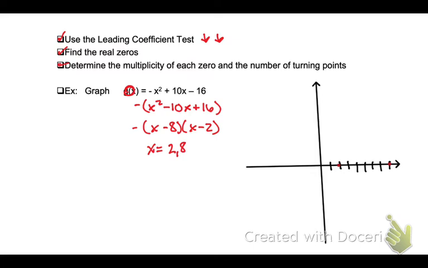And it's even, right? Well, it's just a parabola, isn't it? Yeah. So where's the y-intercept? Isn't it negative 16? Because it'd be 0, 0, negative 16. So we're not going to cross right here. If we do cross, we'd have to put a line and say negative 16. Or you can just avoid that.